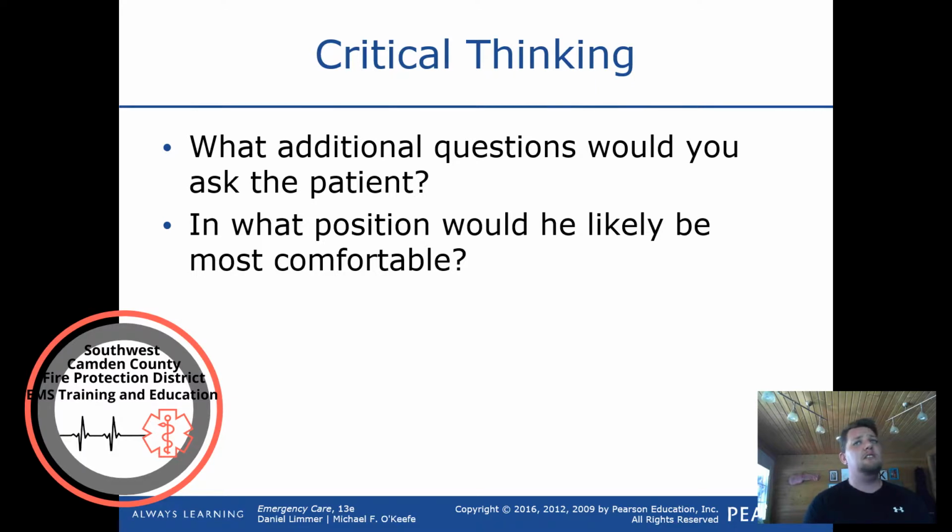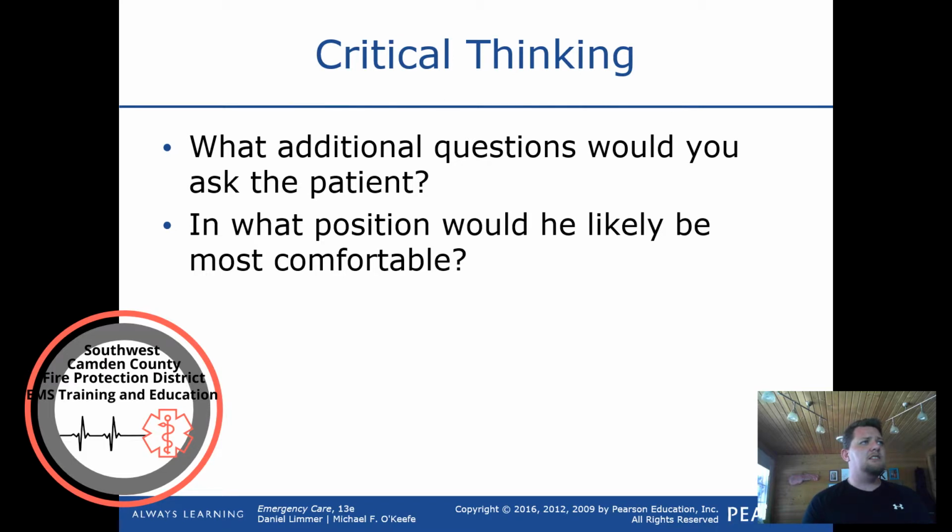And we also want to know specific abdominal questions as well. Have they had good bowel movements? Have they had good urinary output? Have they had vomiting? Have they had diarrhea? Was there anything in the diarrhea? Was there anything in the vomit? All of those questions you want to ask, okay?